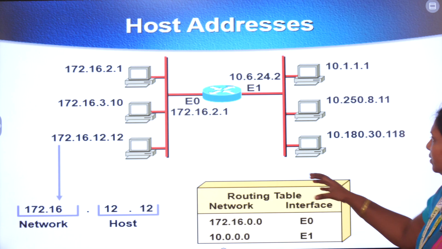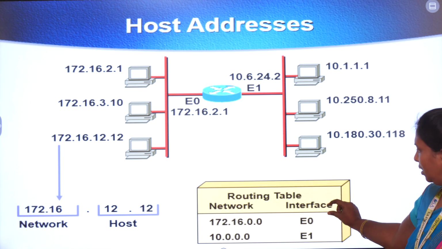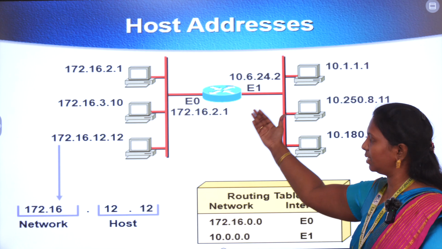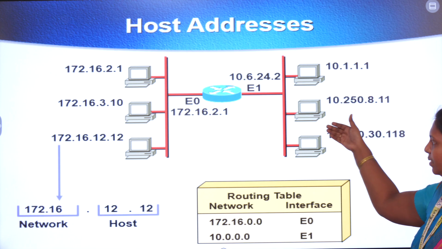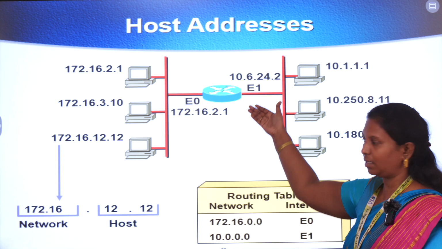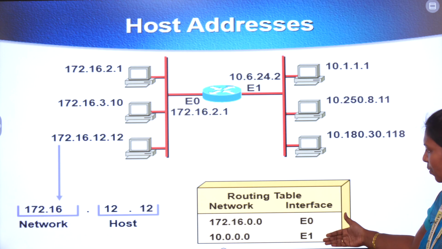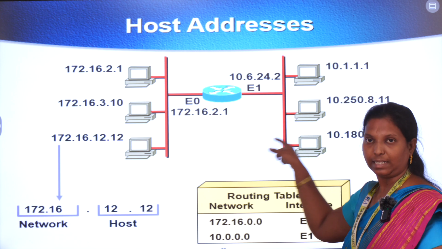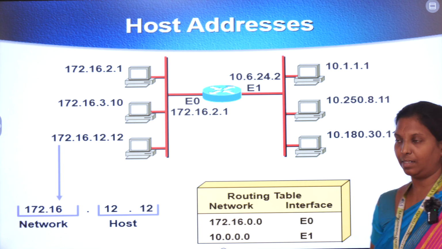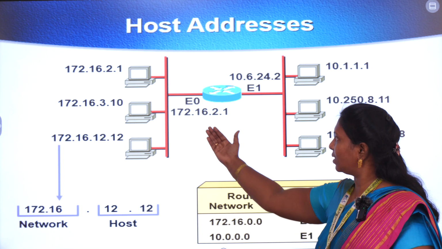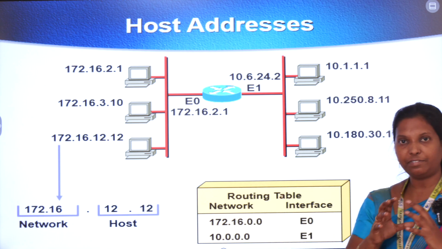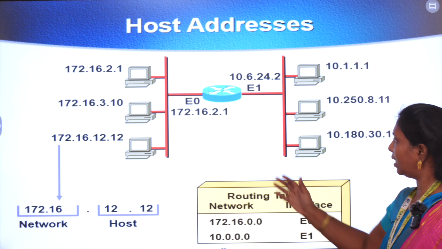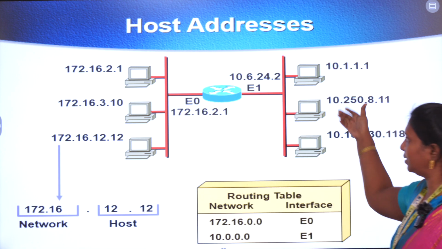First, let us look at the interfaces. This is a hub unit where these interfaces are connected, and these are the hosts individually connected with these routers. E0 and E1 play the role of interfaces where different components are connected. When placing the IP address, the major part, 172.16, will be the first whole part. Within that 172.16, I can fix the IP addresses for these batches.